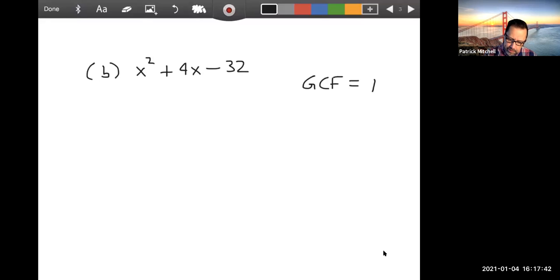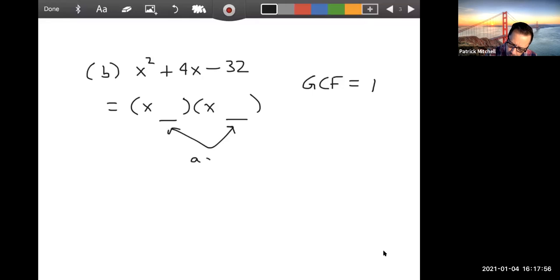So I'm going to do the same thing I did in the last example. I'm going to think x something something, x something something. These two mystery numbers need to add up to 4 and multiply to negative 32.